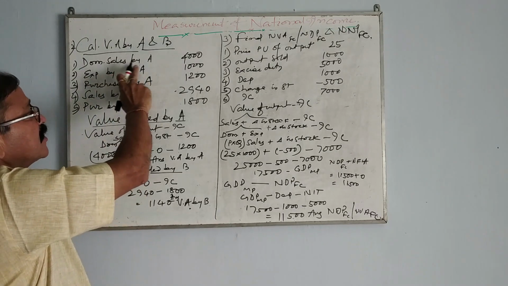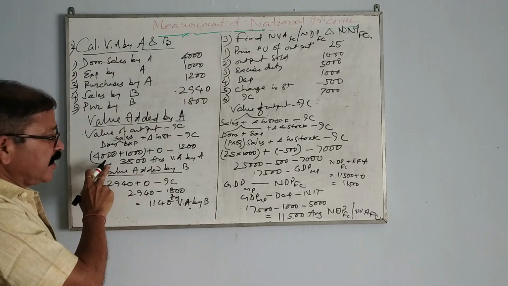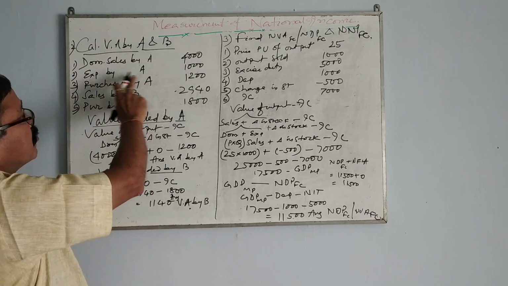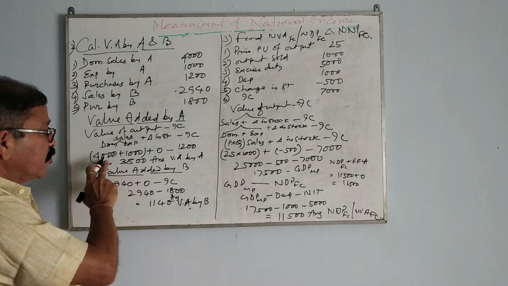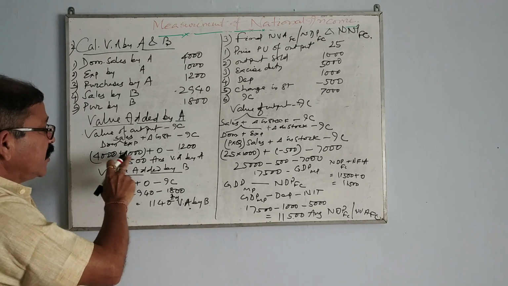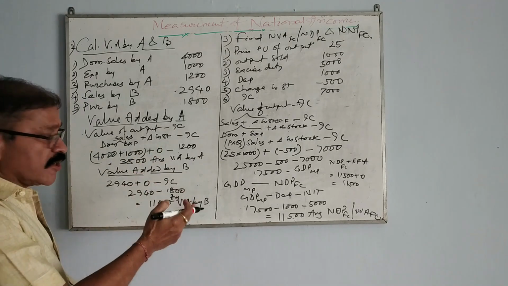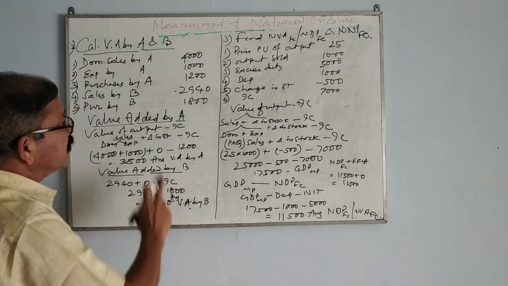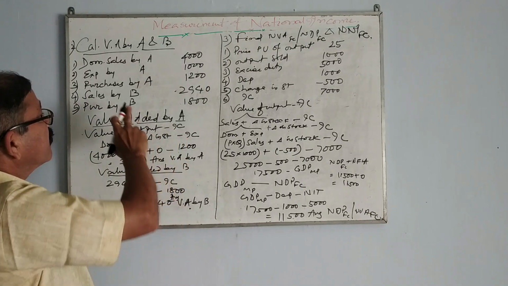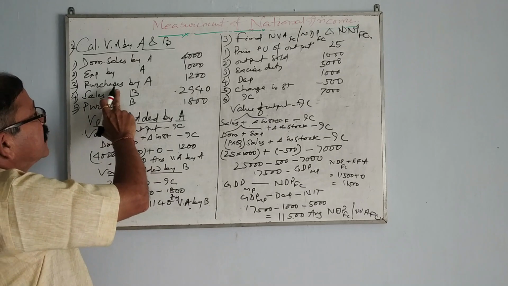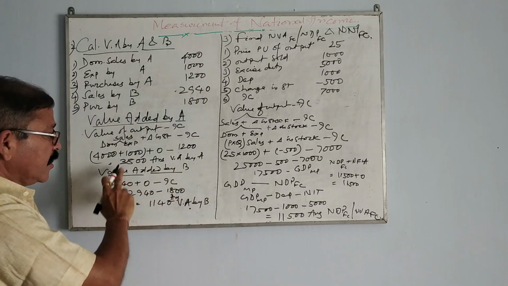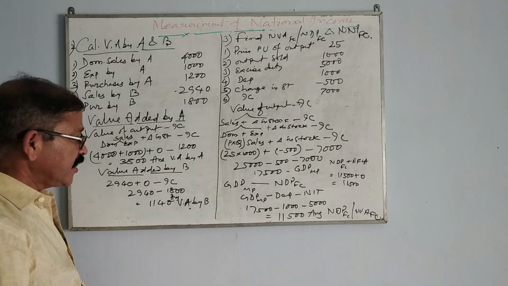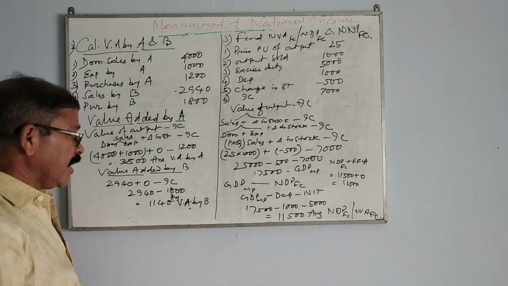Sales by A, domestic sales 4,000, and exports by A 1,000. Change in stock is not given, 0. And what is intermediate cost? Purchases by A 1,200. So you are getting 3,800. That is value added by A.